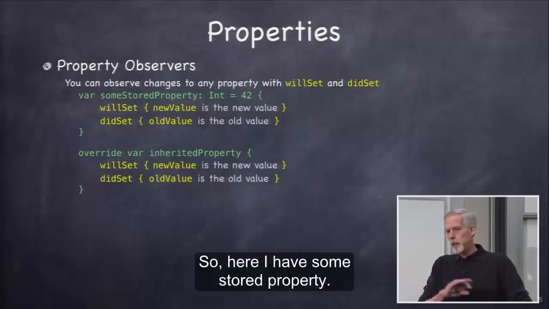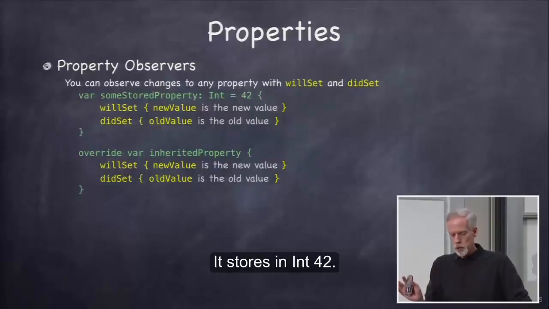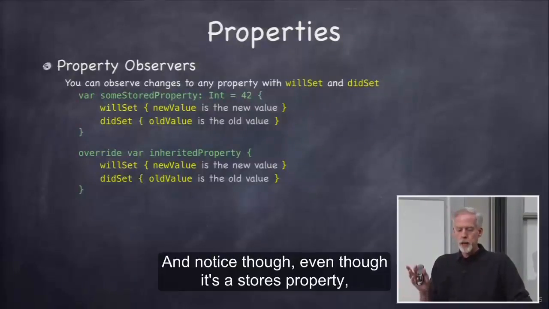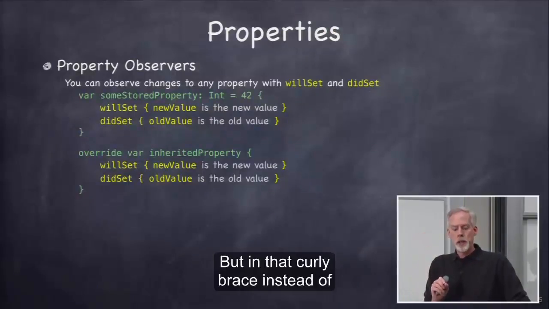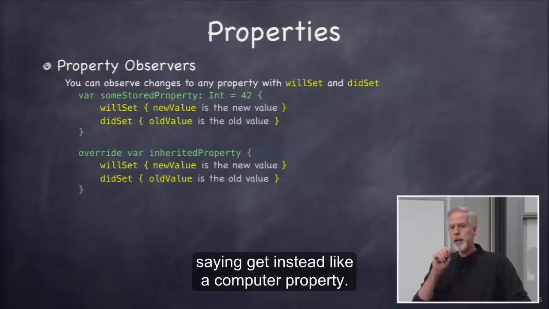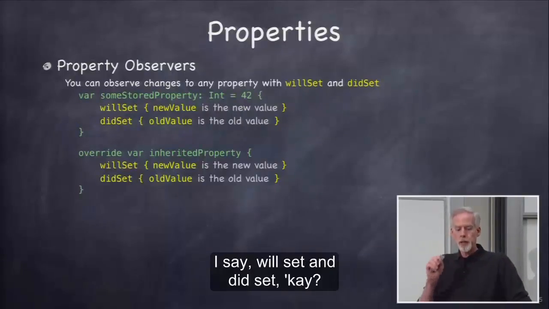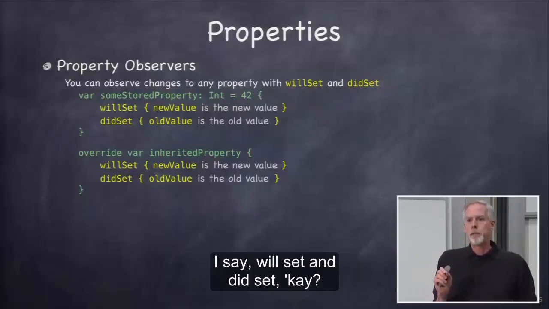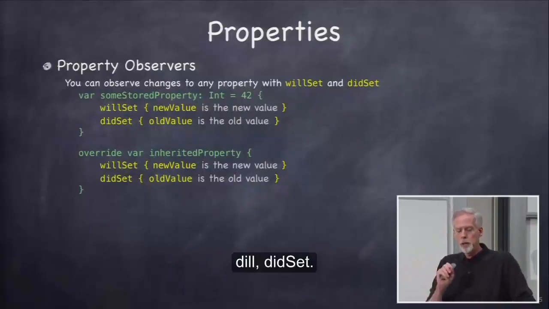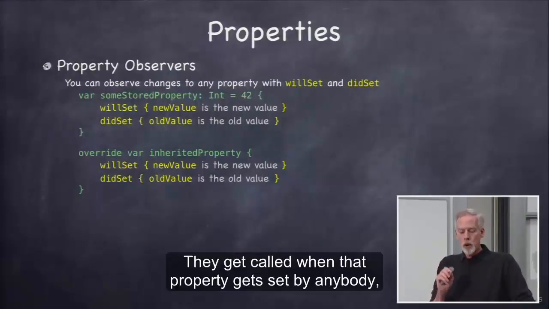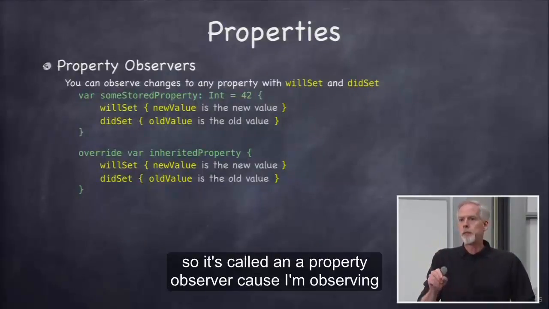So here I have some stored property. It stores an int, 42. Notice that even though it's a stored property, not computed, I still put a curly brace after it. But in that curly brace, instead of saying get and set like a computed property, I say willSet and didSet. These are little pieces of code that get called when that property gets set by anybody.